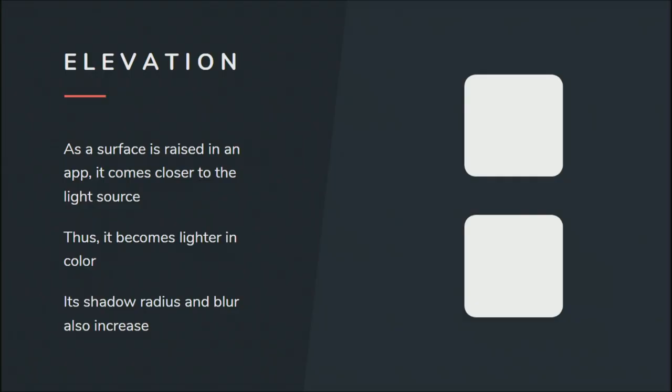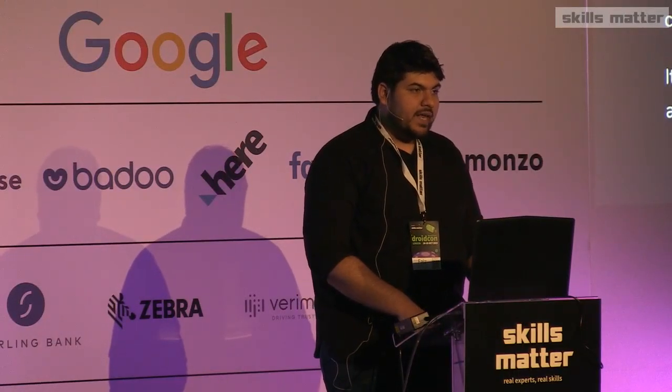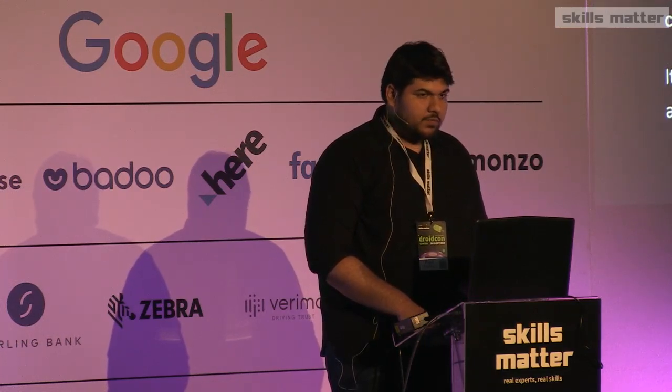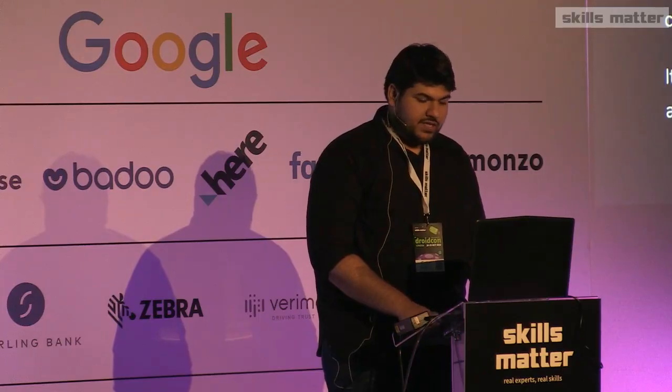And as the color on that surface comes closer to light, it becomes a lighter color. Seeing as material is built on a lot of real-world examples, if you take something that is black closer to white light, it tends to become grayish, and material design follows exactly that principle. So two things to keep in mind: shadow radius and blur increase, and surface color changes.